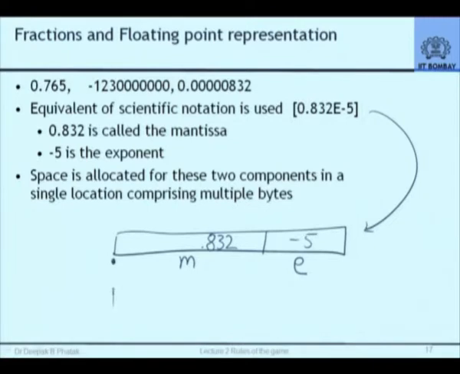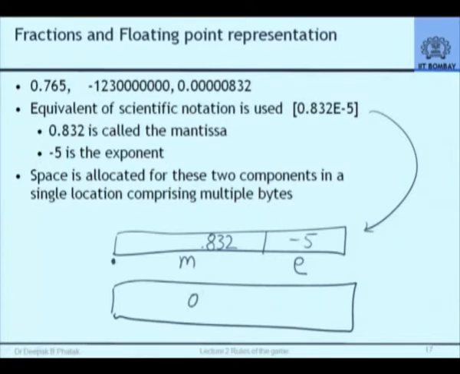But I can still write the same number as 0.00832 times 10 to the power minus 3. Suppose my decimal point is always at this corner, then this number becomes mantissa 0.00832. Then this will have to be multiplied only by 10 to the power minus 3 to get that.